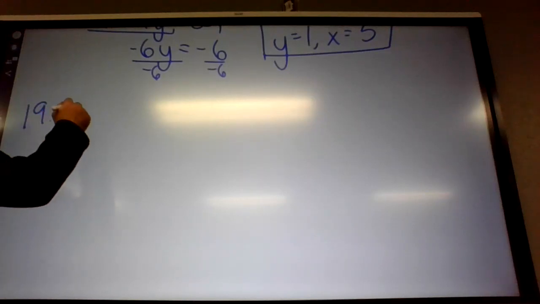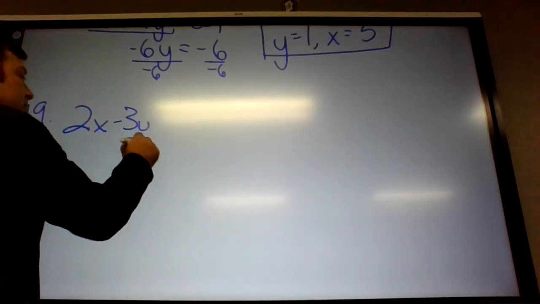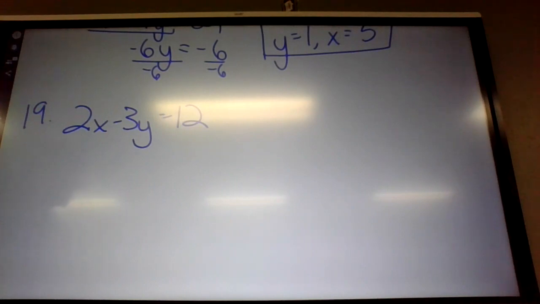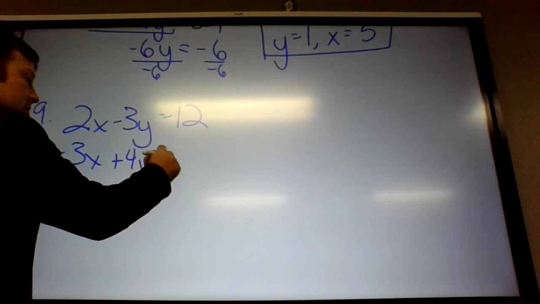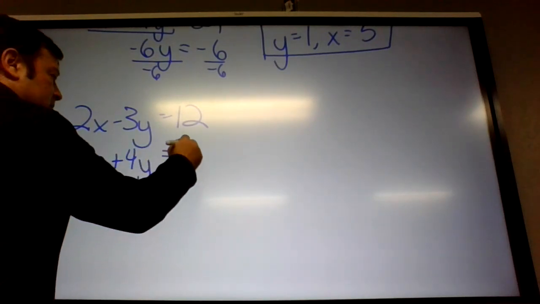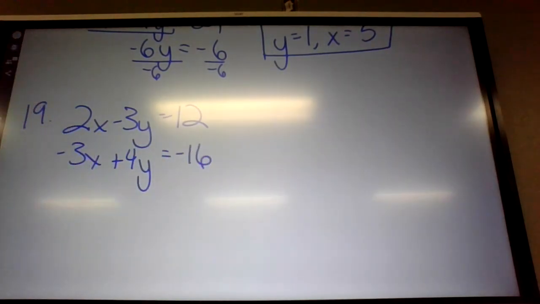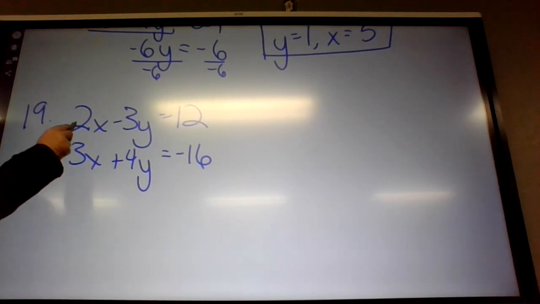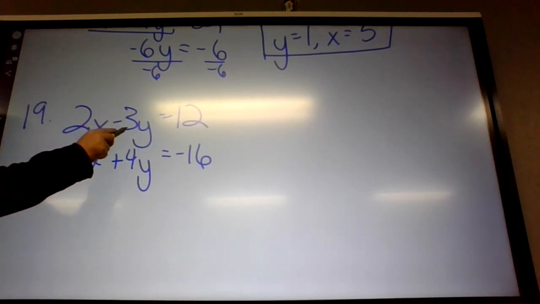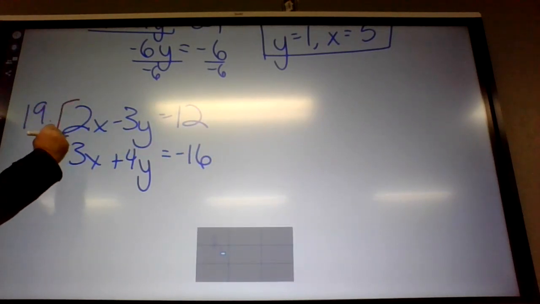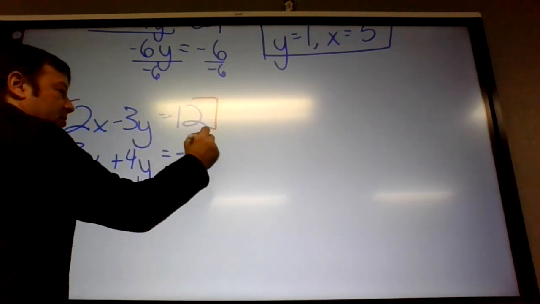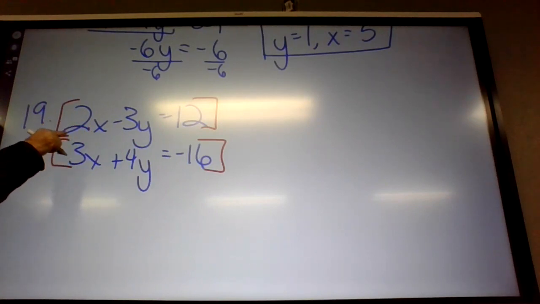2x minus 3y equals 12. Negative 3x. Okay, save the best for last. 2 does not multiply into 3, or this 3 does not multiply into 4. So what do we have to do? Multiply both lines. So even though 2 doesn't go into 3 and 3 doesn't go into 2, what do 2 and 3 both go into? 6.